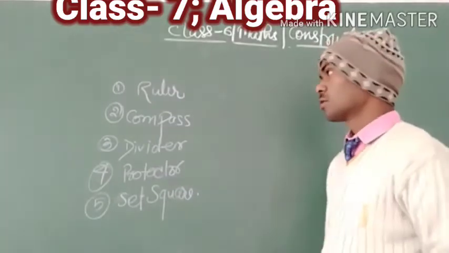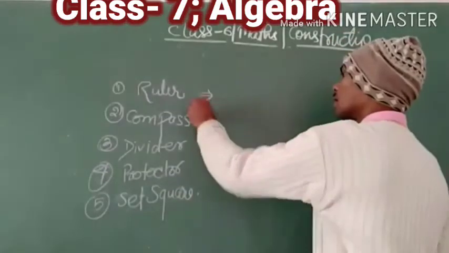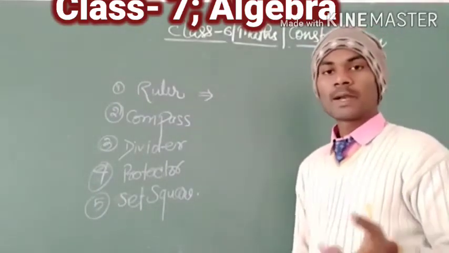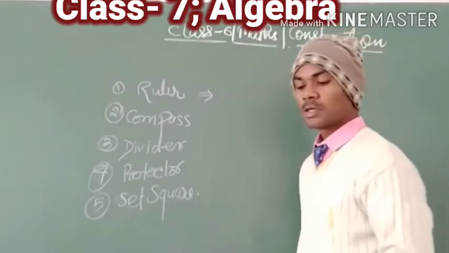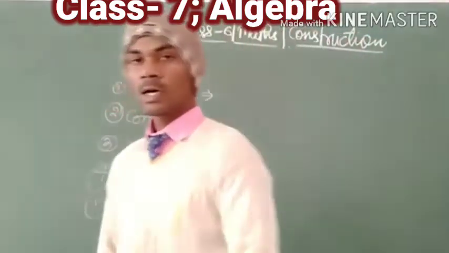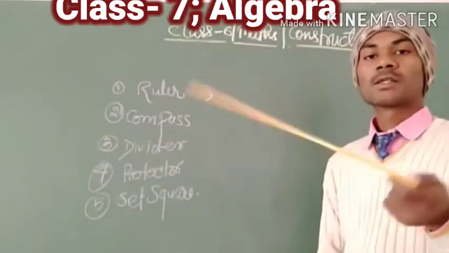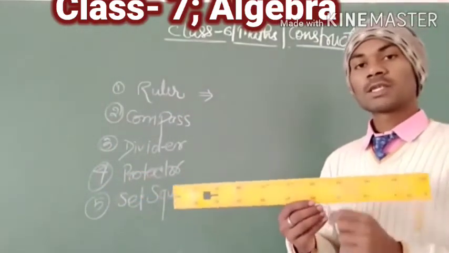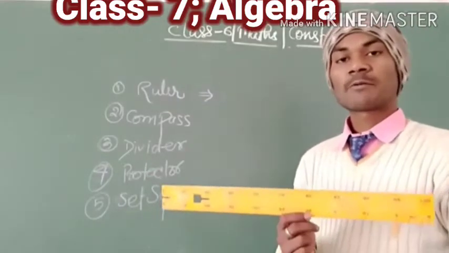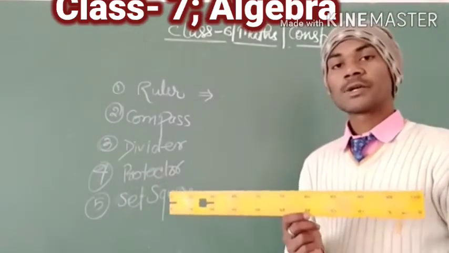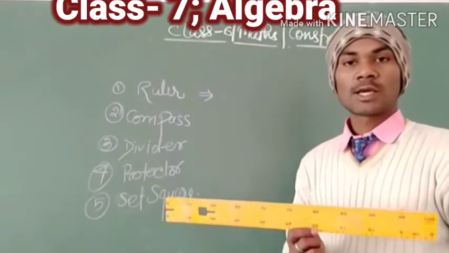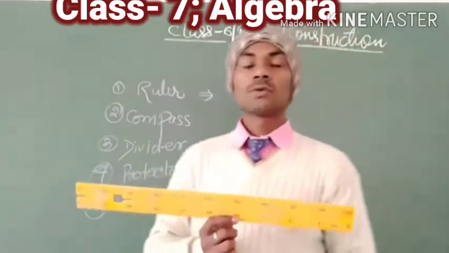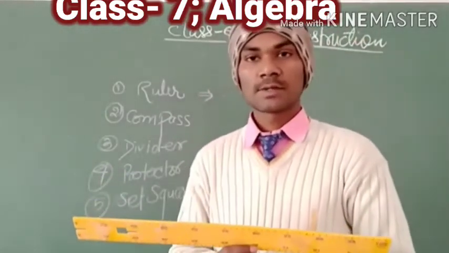What is the ruler? A ruler is made of plastic or metal. You can see I have a ruler like this. This is called a ruler, and on this tool you can see various points are marked, which are the standard measurement in centimeters as well as inches.